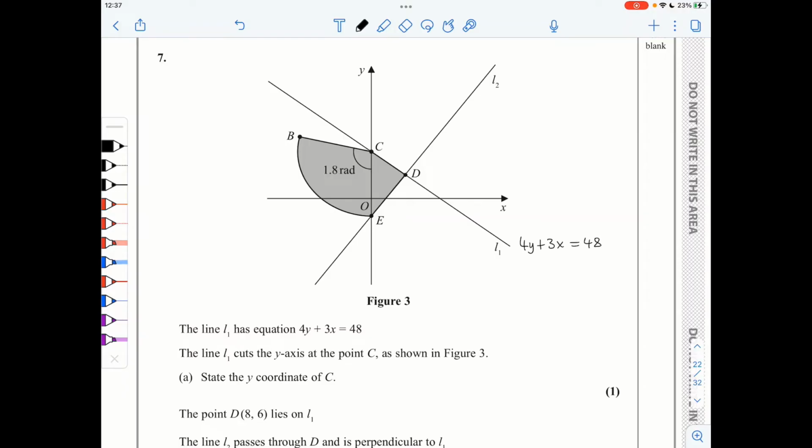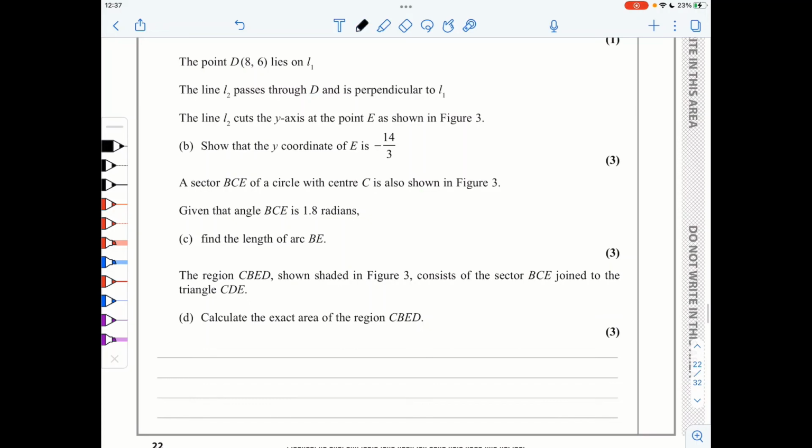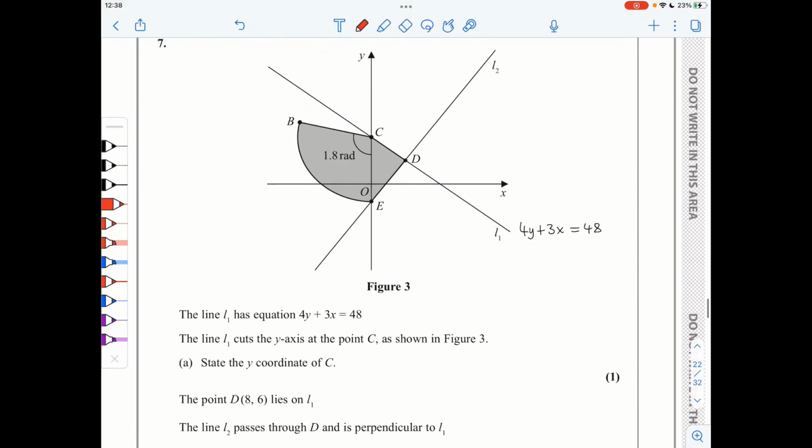Now the line L1 is cutting the y-axis at C as shown here, and we need to state the y-coordinate of C. Well, obviously a cut on the y-axis means that x is 0, so at the point C, x is 0, which means that 4y is 48, and therefore the y-coordinate of this point is 12.